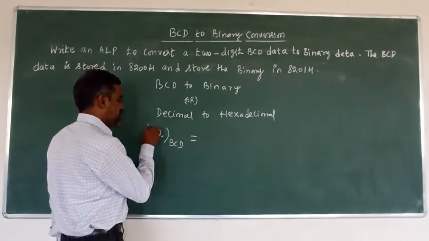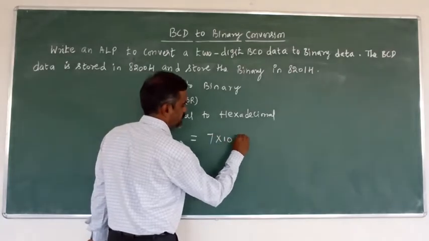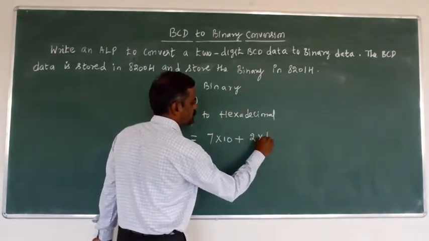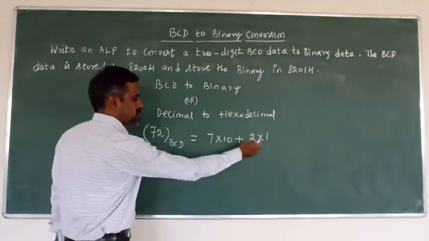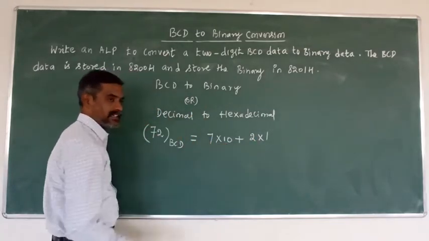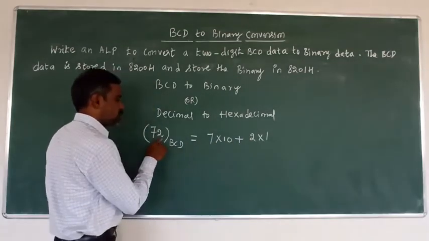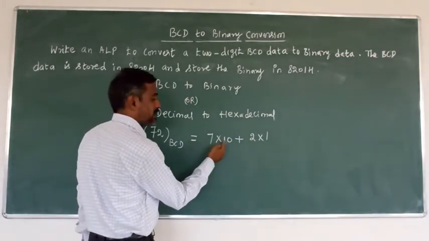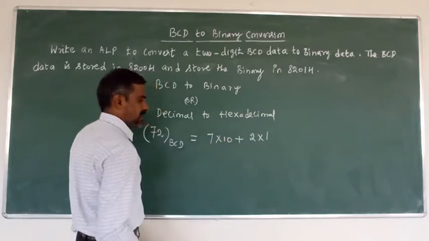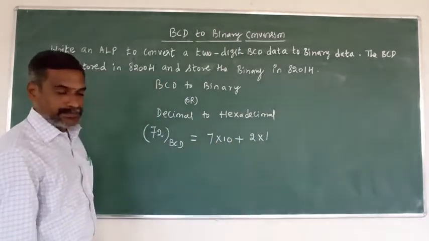Okay, 72 we can represent as 7 into 10 plus 2 into 1. Ones is 2 and tens is 7. 72 means 7 tens and 2 ones.